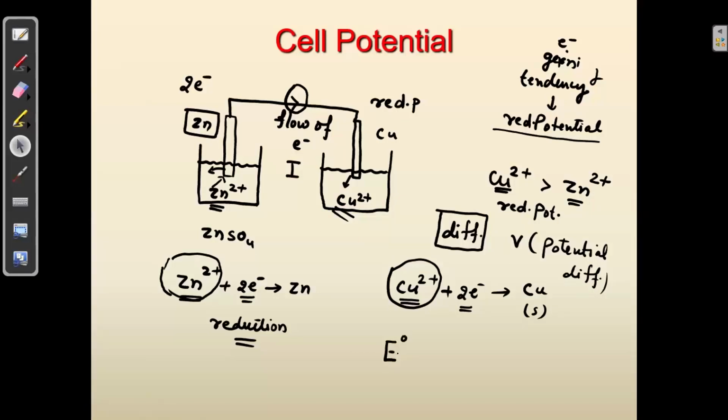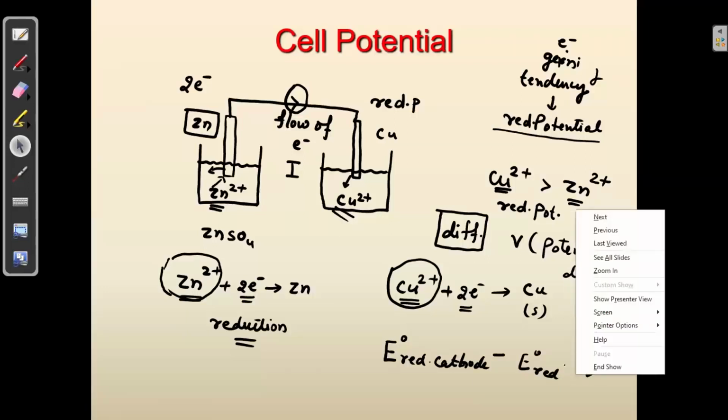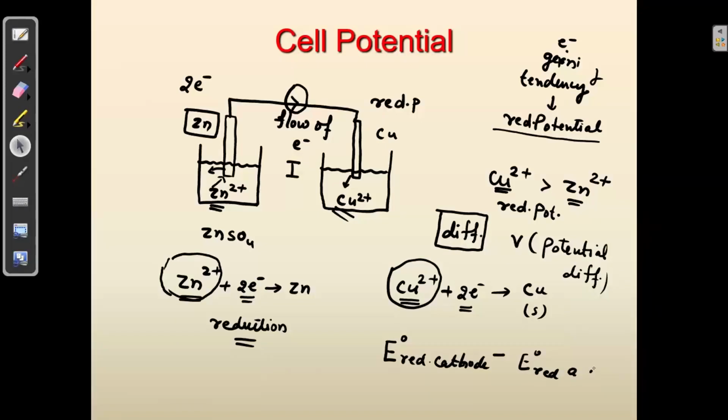The potential is given by E, under standard conditions, meaning temperature 298 K and pressure 1 atmosphere. E is the reduction potential of the cathode minus the reduction potential of the anode.